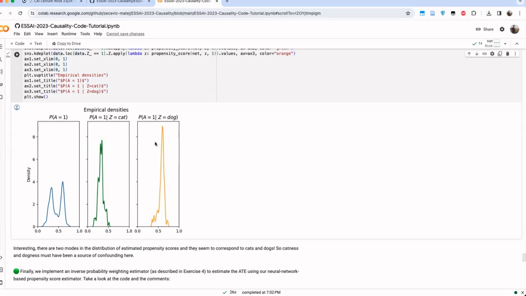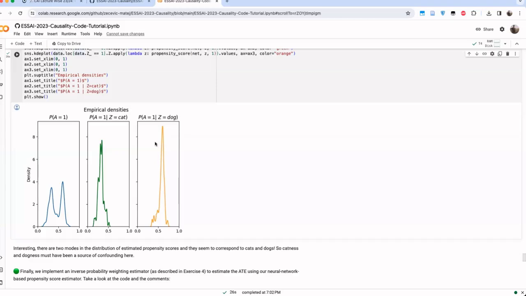And we can clearly see that it's corresponding to one of these modes, right? Whereas if we look at the dog, we have the other separation, right? So it seems that the propensity indeed has something to do with whether the animal that we are looking at is a dog or a cat, right?